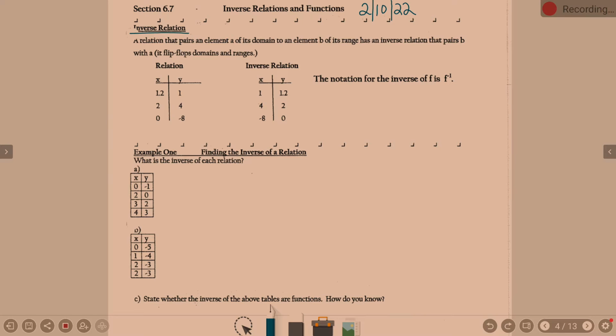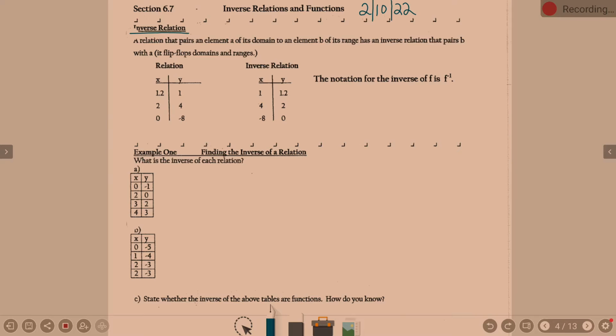So, for instance, here's an example of a relation. You have the ordered pairs (1.2, 1), (2, 4), (0, -8). What do you notice in the inverse set of ordered pairs? They are just backwards, right? Opposite. So (1.2, 1) becomes (1, 1.2). (2, 4) becomes (4, 2). (0, -8) becomes (-8, 0).